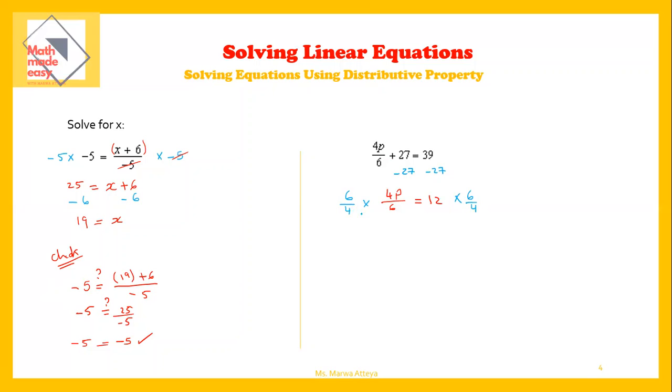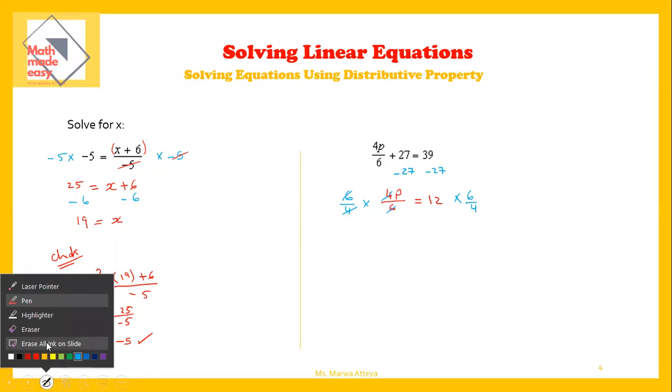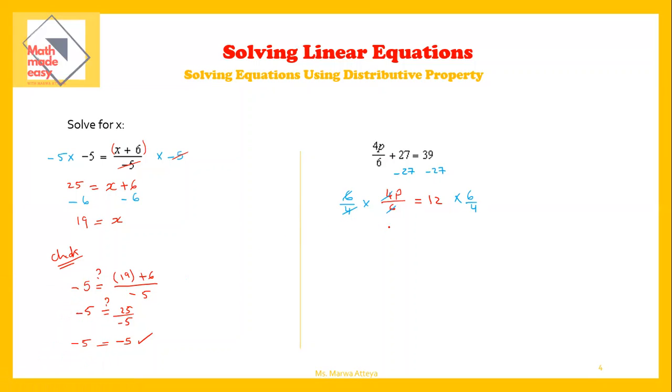Of course, you multiply both sides. And here on this side, they will all cancel out and you will stay with only the value of p. On the other side, you're going to divide 12 by 4. You get 3, multiply the 3 by 6, you're going to get 18. Then you know that the value of p is equal to 18.